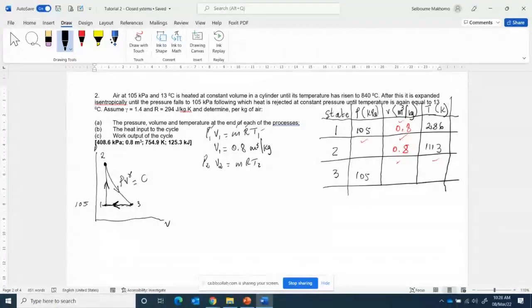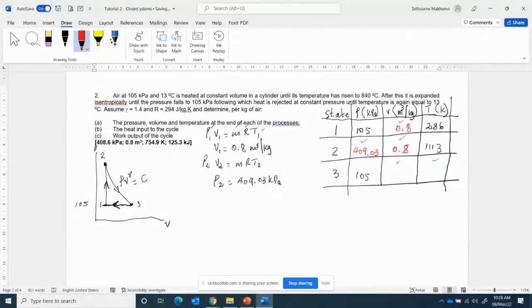Mass we have, R we have, T2 we have, and therefore P2 is equal to what? 409.03 kPa.